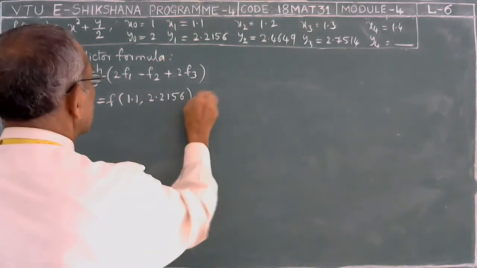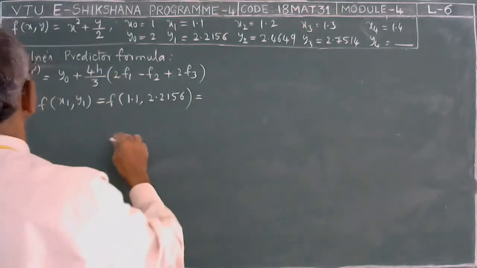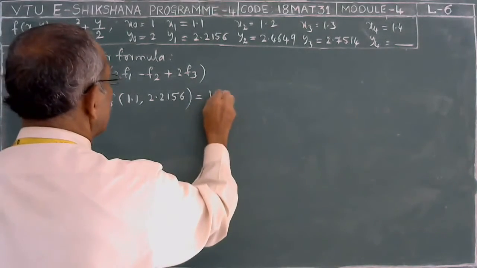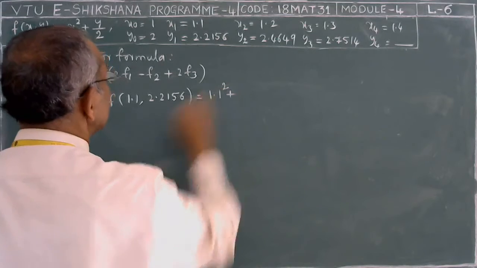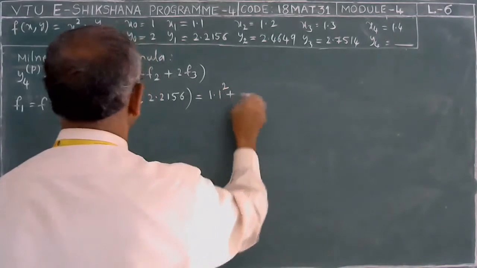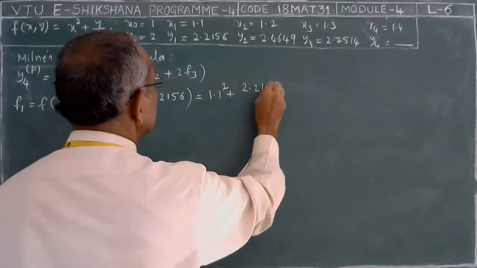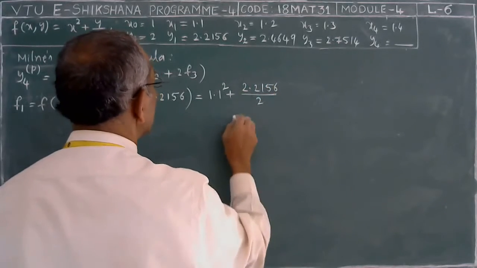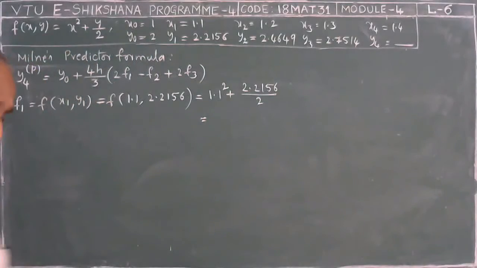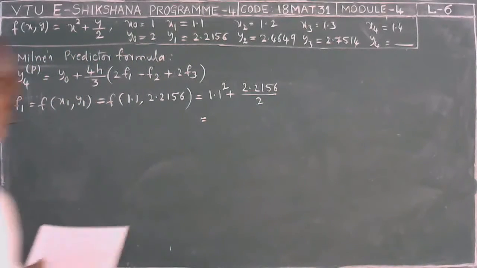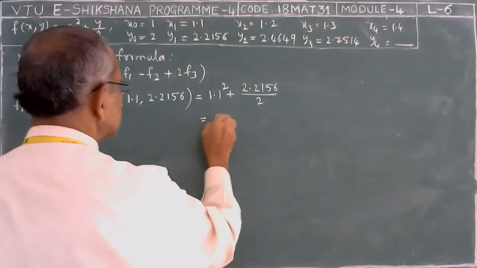By definition this is x square, 1.1 square, plus y by 2, 2.2156 divided by 2. So if you carefully calculate, this is 2.3178.